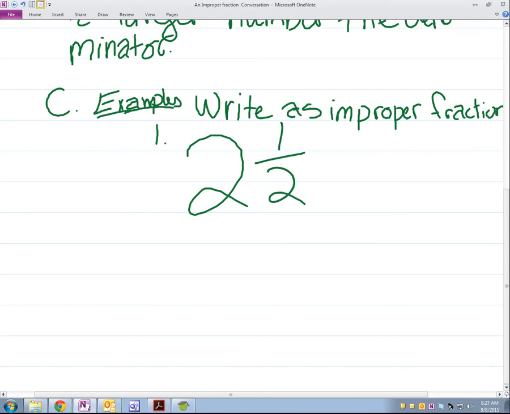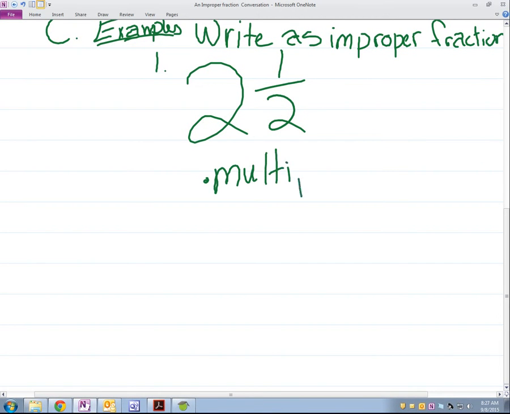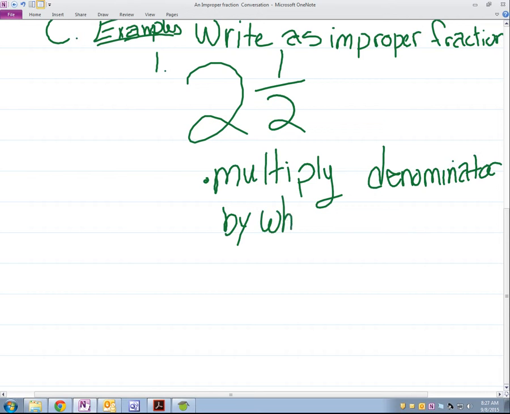And the way you do this is you multiply the denominator by the whole number. And if you don't need to switch lines, then don't. I'm just doing that because I'm writing big, because there are people 30 feet away reading that.